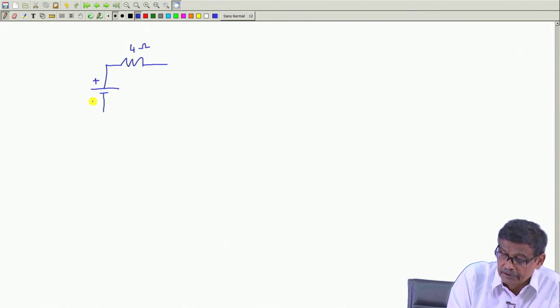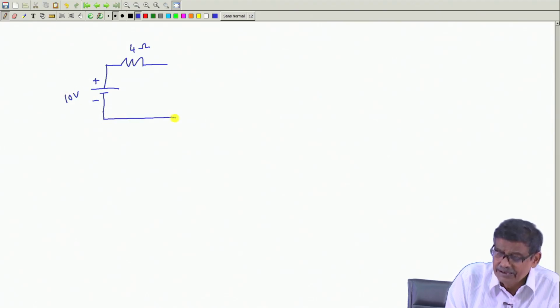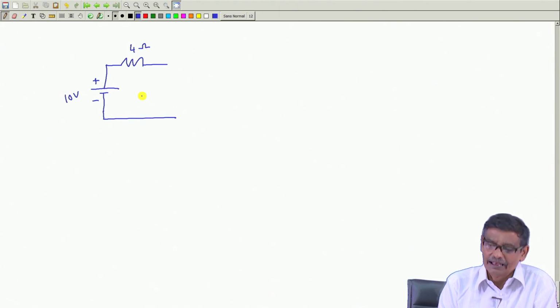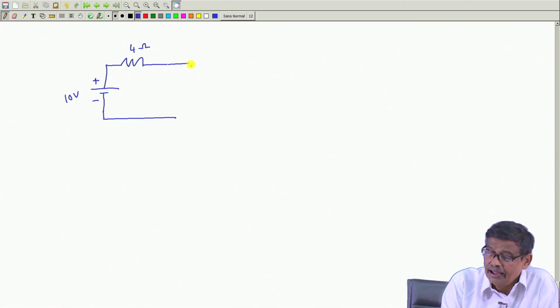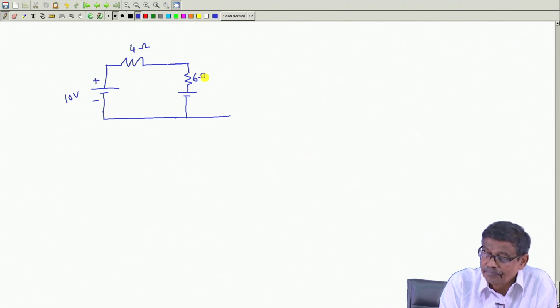This is plus minus 10 volt. You can generate your own problems. That is how I am doing it, and you have say another voltage source like this. And this is suppose 6 ohm, and this is suppose 5 volt.